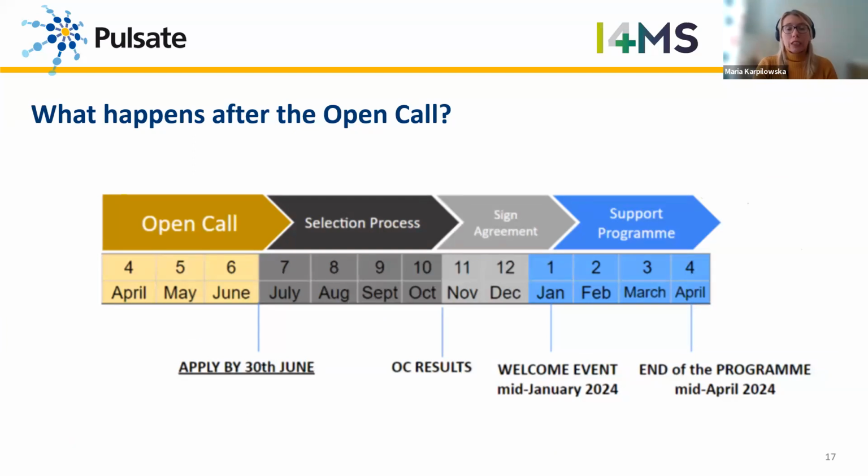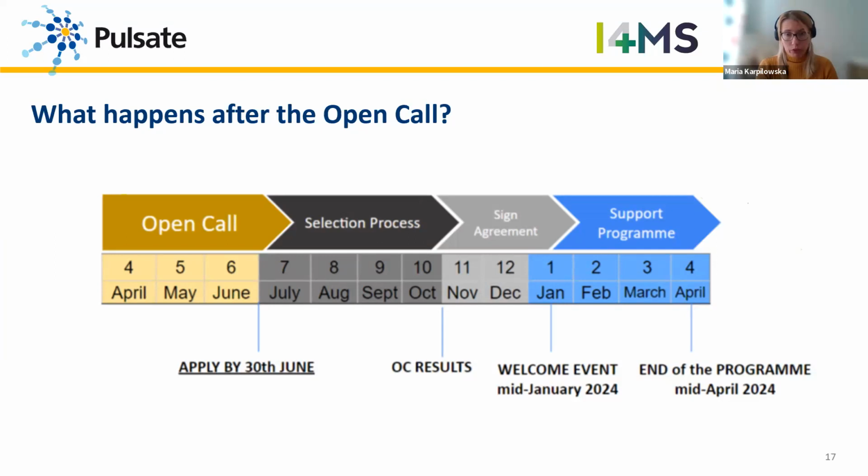And then we also need to give some time to Pulsate consortium members to prepare for the consensus meeting. And after the consensus meeting, also a very time-consuming process, formal check, legal check to confirm your SME or slightly bigger status.